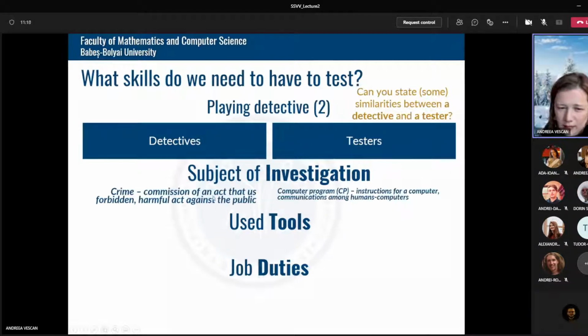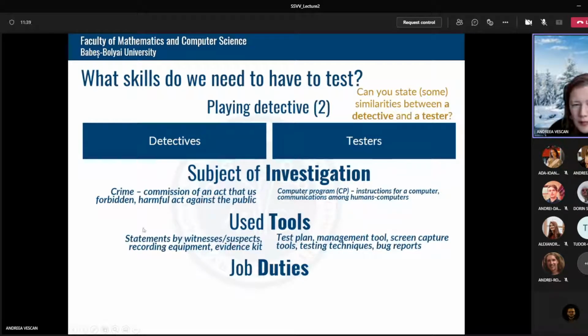So what we have discussed until now is that from the subject of investigation, the detectives investigate some harmful act against the public, right? And a tester actually investigates a computer program, which is some instructions, and it's also related to communication between humans and computers.